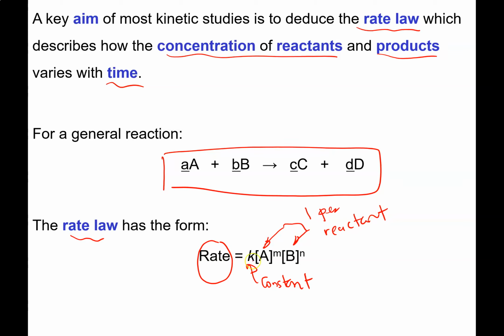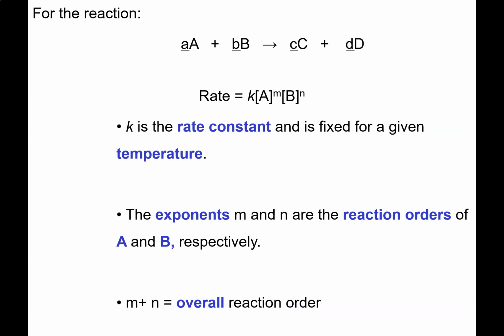The questions that we have are: what is the value of this K, and what are the values of M and N? Now you'll notice, and I want to make this clear, that I didn't put A and B here. These exponents that go in here are not related to the stoichiometric coefficients.